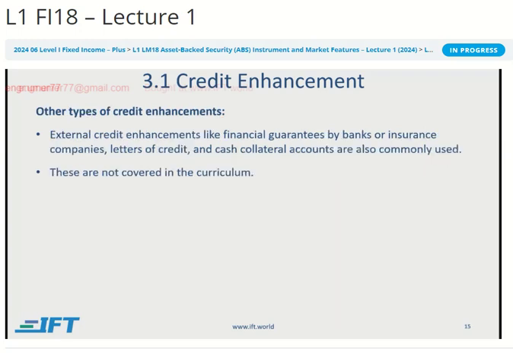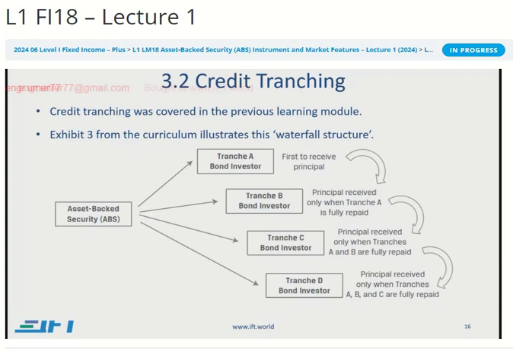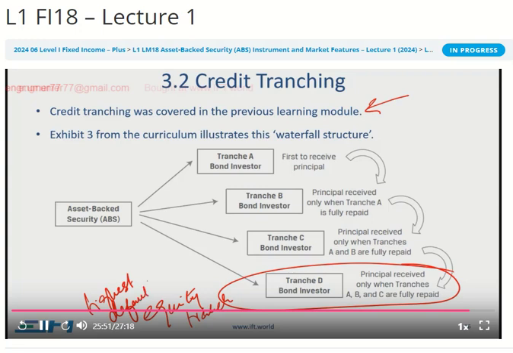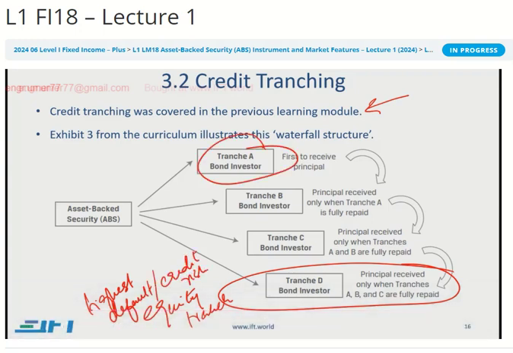Other types of credit enhancements, bank guarantees, letters of credit, surety bonds, etc., are not covered in the curriculum. So this is something we've already discussed in a previous learning module. Credit tranching, you have your equity tranche. It faces the highest default risk or credit risk, and this one is the lowest credit risk.